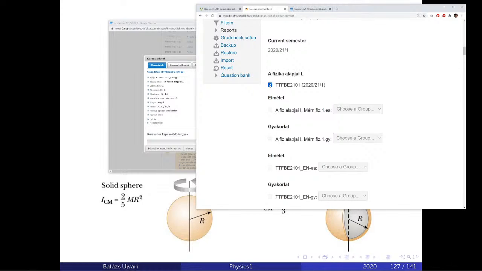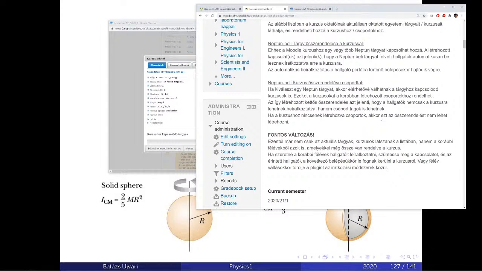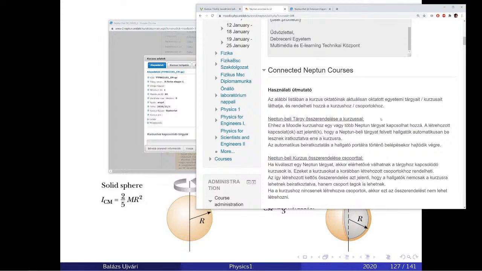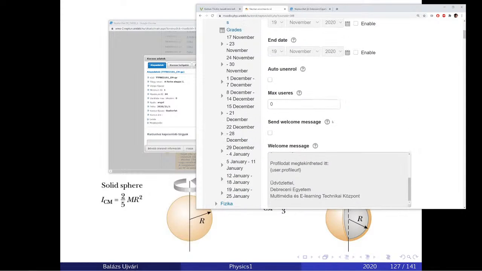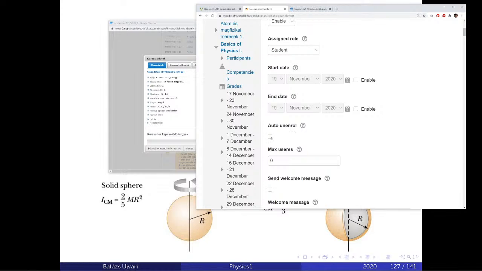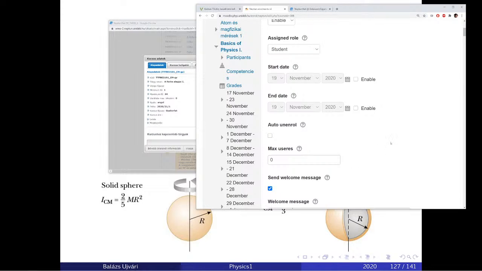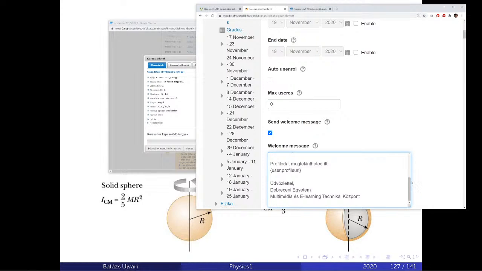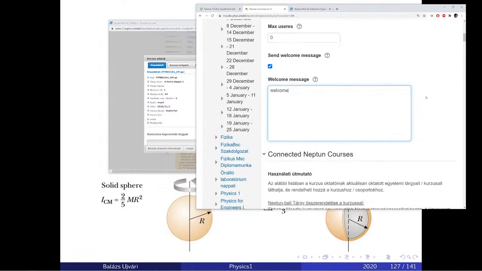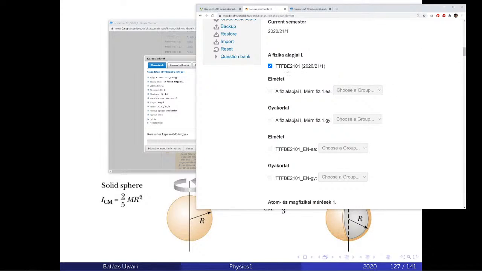This is the Basics of Physics. I've chosen your course, TTFBE 2101.